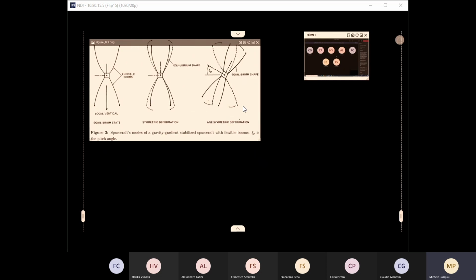So let's consider this. You have a central part and then 4 booms, with an end mass. If you take into account, for example, this eigenmode, which is a symmetric one, this is basically the system breathing all together. This is a symmetric one with a central symmetry. This will not in any way influence the orientation for this simple problem.